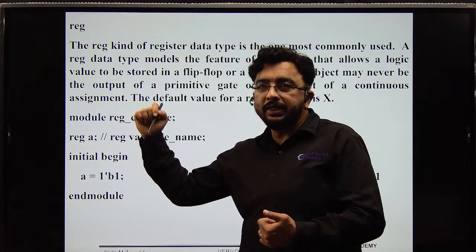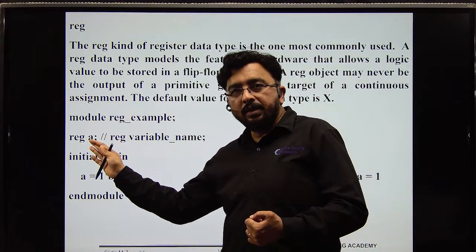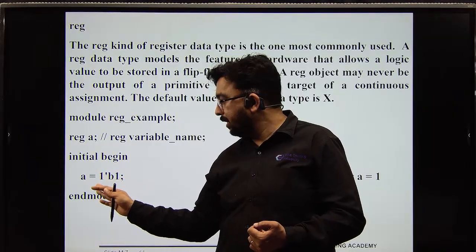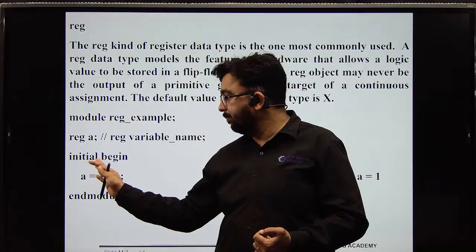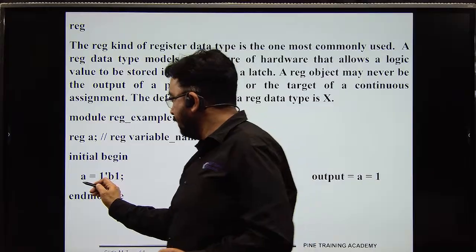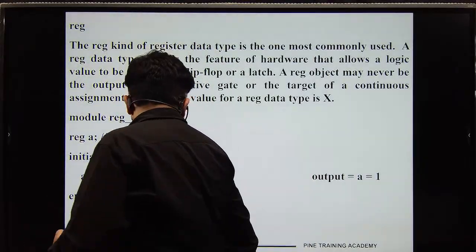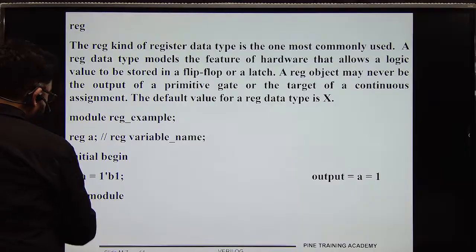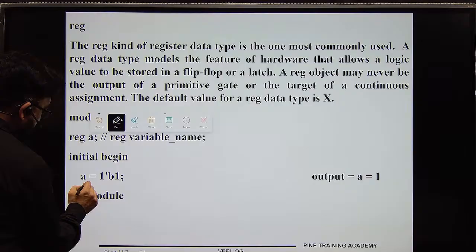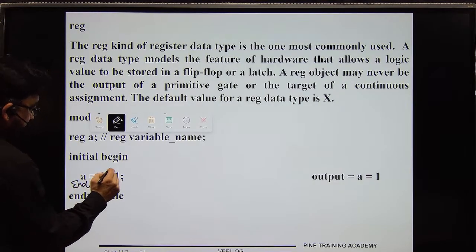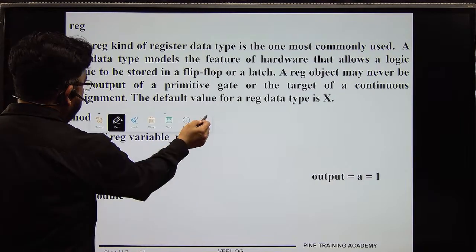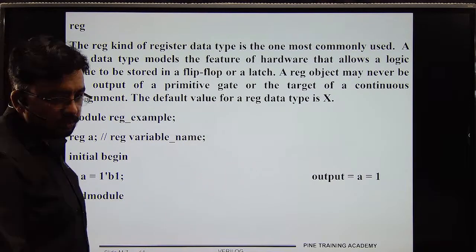And just one example is that I'm assigning the value of a to 1, and then I'm closing it with end and endmodule. Okay, there is a syntax error here. Anything which you start with begin, you have to close it also. So this is called endmodule. Then output is equal to 1.